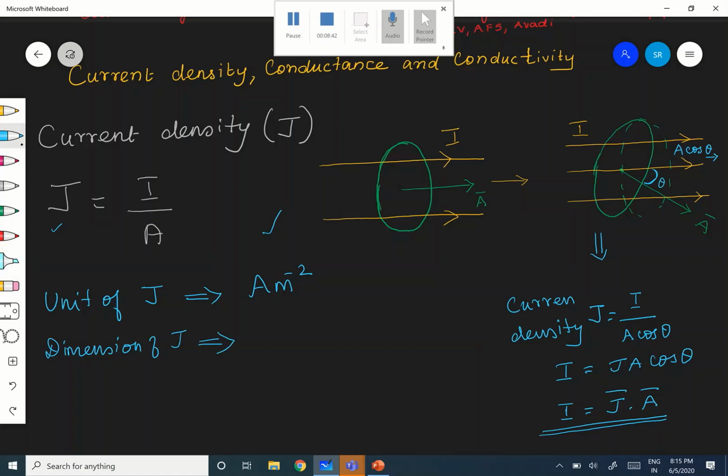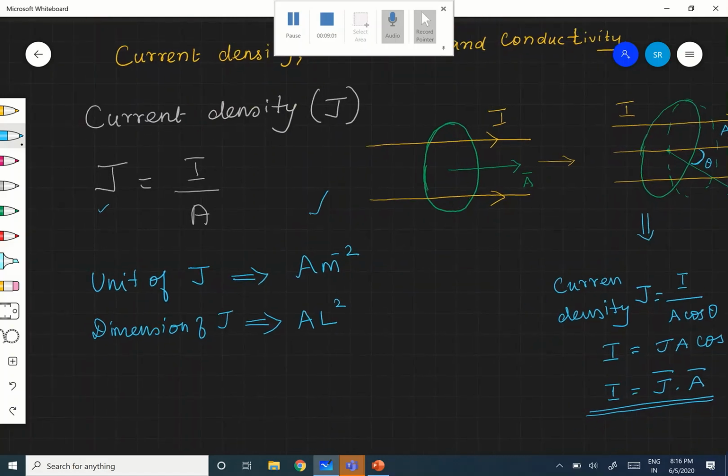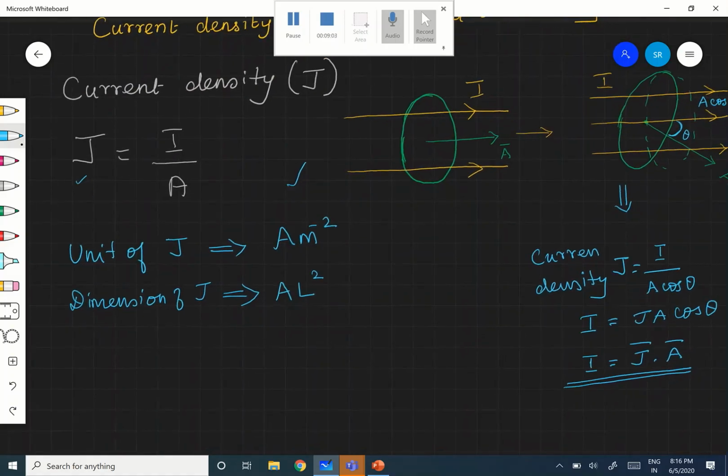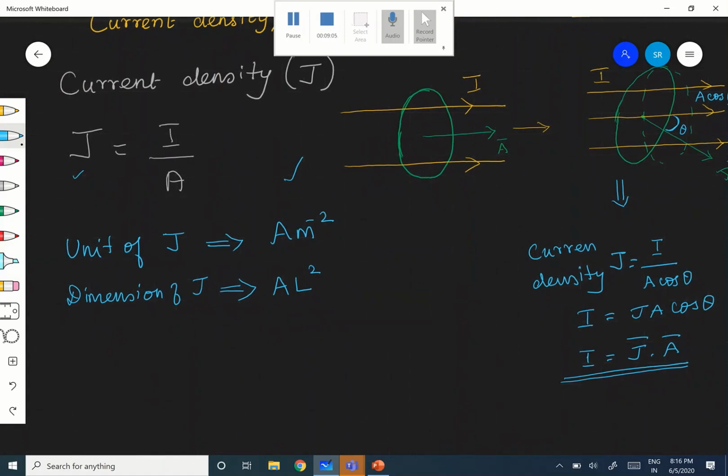That is ampere, A, I, and meter square, L squared. A, L squared. Are you following? So this is about current density. Current density is I by A. Now, this is number 1.